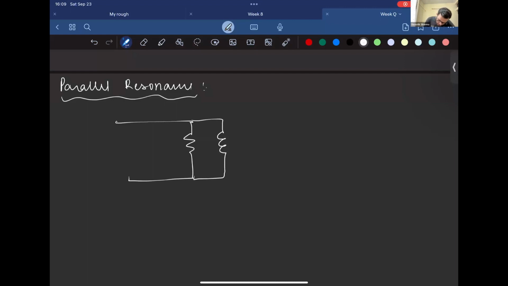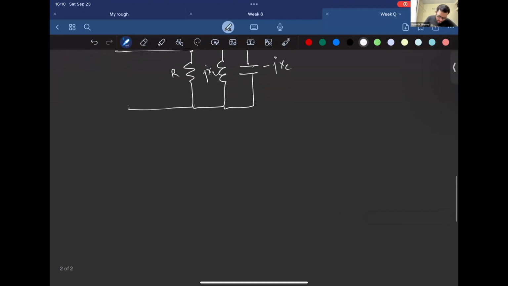Okay, so we'll continue. All the three components, resistance, inductor, and capacitor, are parallel to each other, right? Let this be a value of R. This would be j times XL, and this would be minus j XC. In parallel, we'll try to find out the admittance.